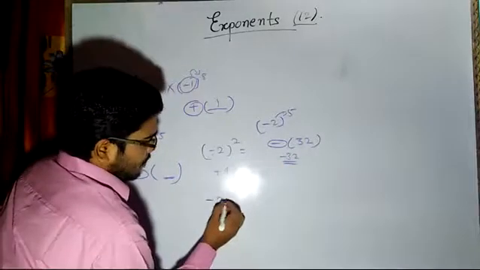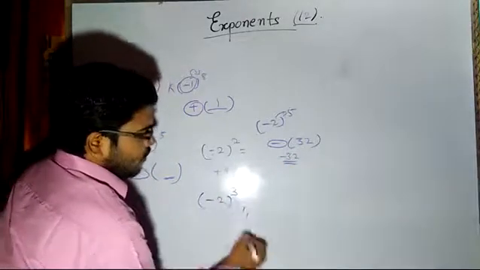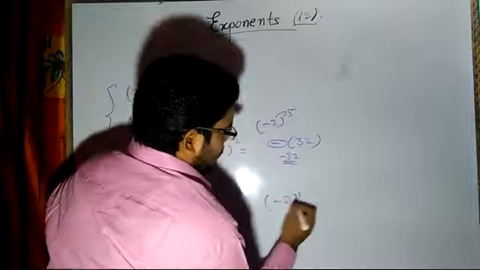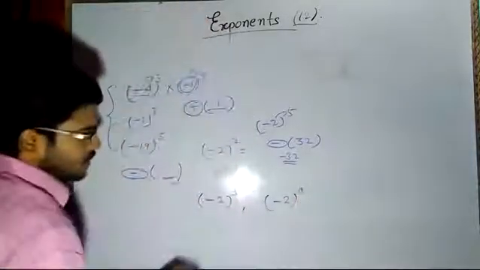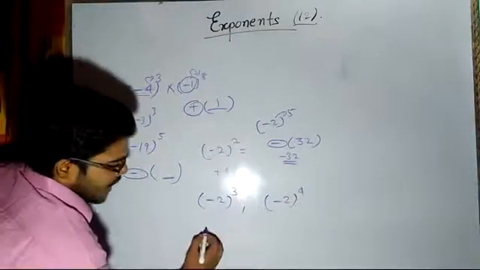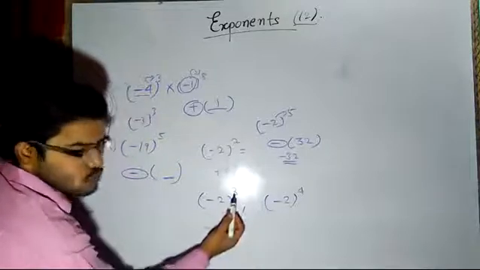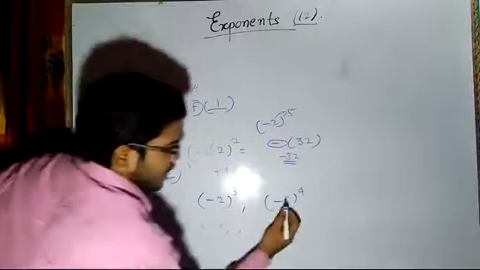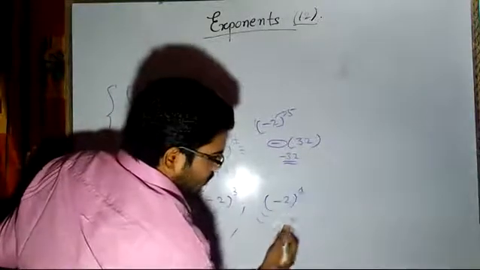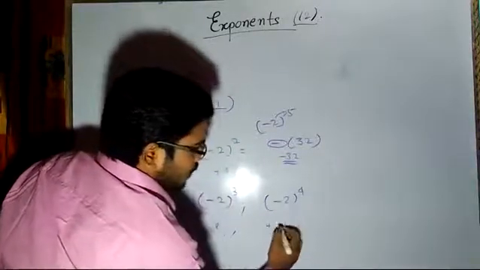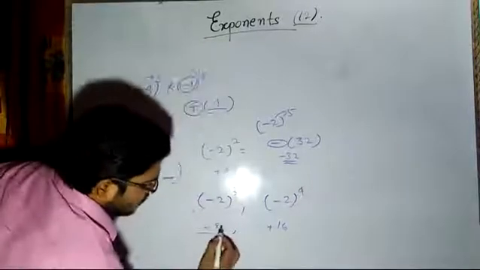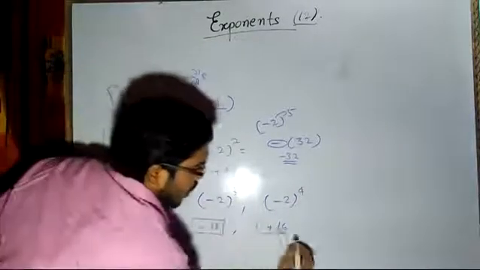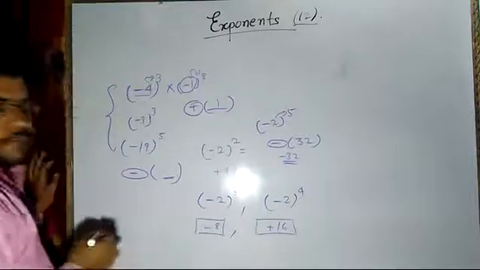For example, if I have minus 2 raised power 3 and minus 2 raised power 4: negative is there, so my answer will be negative because of this odd number, 2 into 2 into 2 will be 8. And this one is an even number, so it will be positive, 2 raised power 4 is 16. So this is what I wanted to say in case of odd numbers and even numbers.